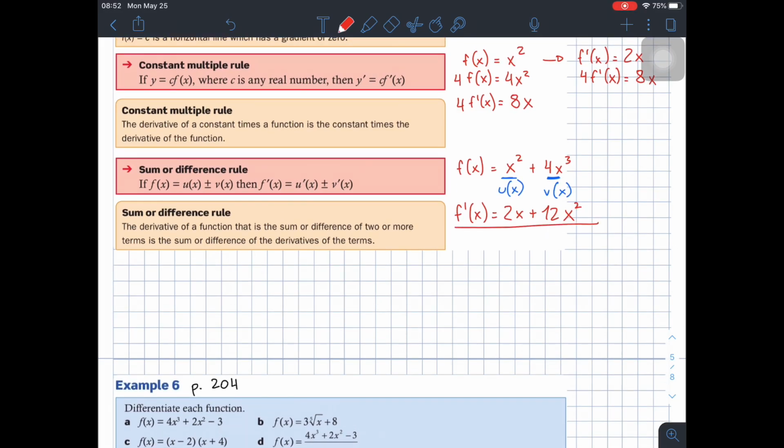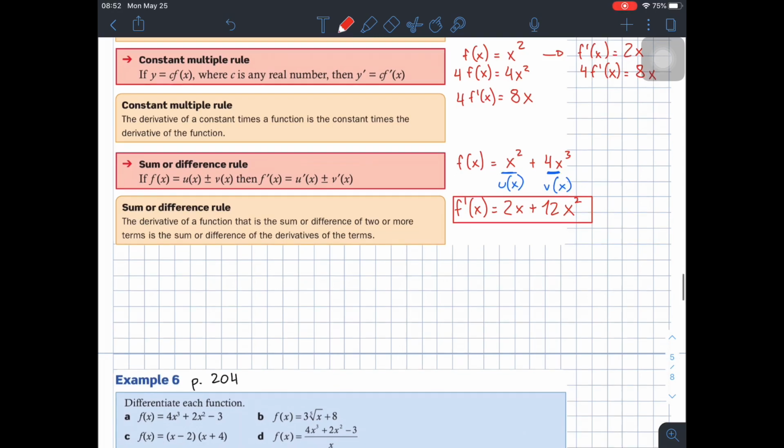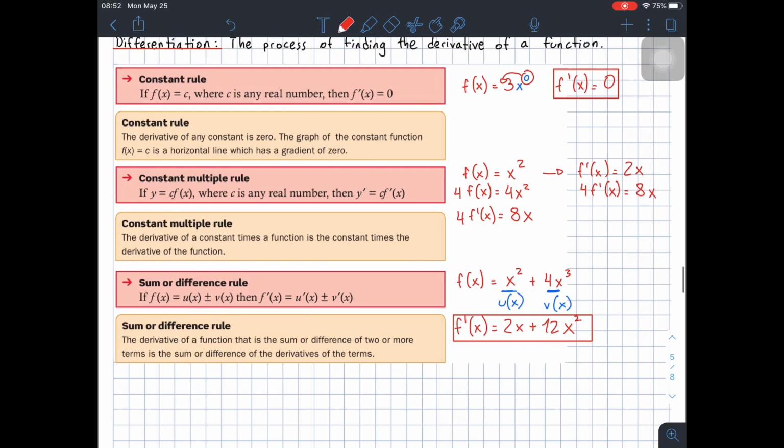And this would be the gradient function for f of x. I just differentiate u of x and v of x separately, okay? So those are the three properties you should understand, right? The constant rule, the constant multiple rule, and the sum or difference rule.